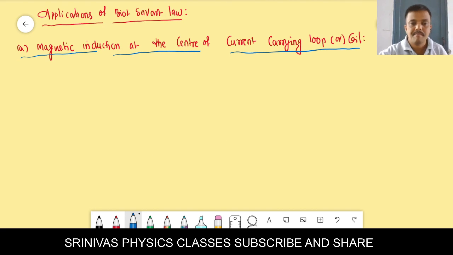Okay, let us see. What I want to find out is the magnetic induction at the center of a current carrying coil or loop. Let's go for it.